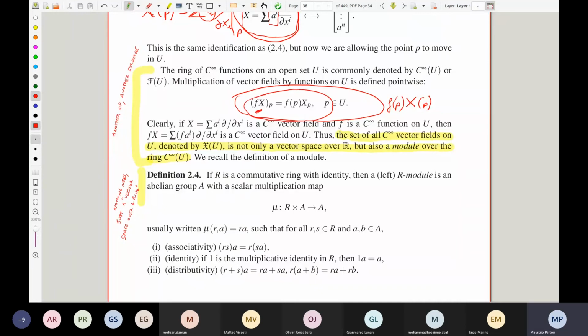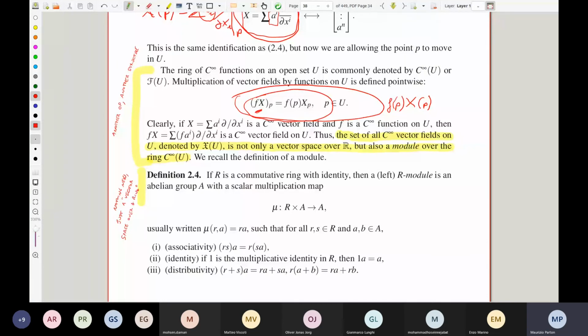As you can guess, when you have a set, and on the set you can multiply by functions, if you can multiply by real numbers, then that set is close to being a vector space, right? If you can multiply by functions, well, functions are not R or C, they are not a field. You know, vector spaces are over a field, right?